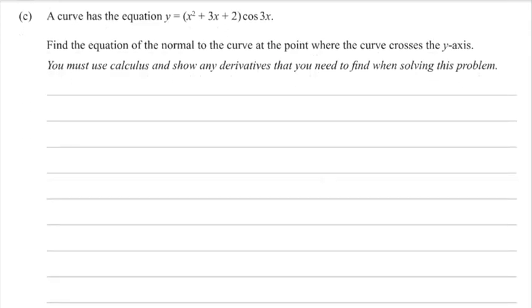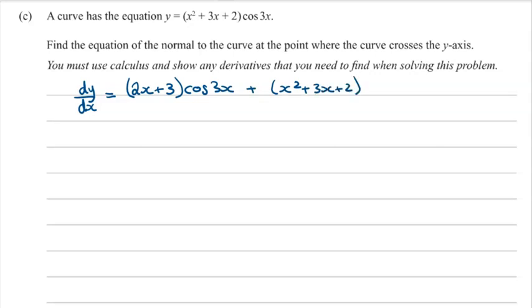Okay, for part C, we want the equation of the normal. So we'll need to find the gradient and substitute it in for the equation of a line. Okay, so let's start with dy by dx. We've got the product rule again, so differentiate the first one and we get 2x plus 3 times cos 3x, and then add on, leave the first one alone, differentiate the second one.